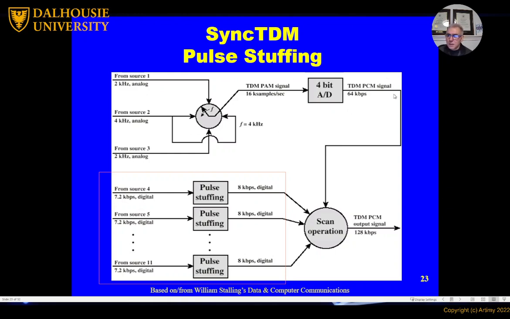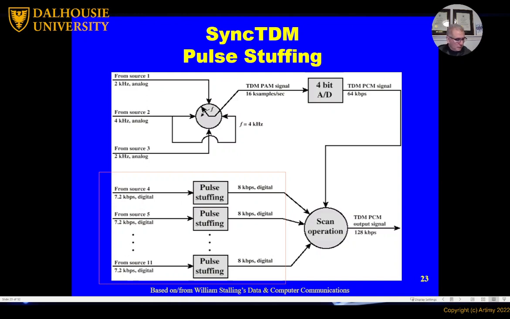So that represents one input. The bottom here represents another input that comes from digital sources. So notice here that the digital sources come at 7.2 kilobits per second. So each source we have from 4 to 11, each one of them comes at 7.2, 7.2, 7.2.